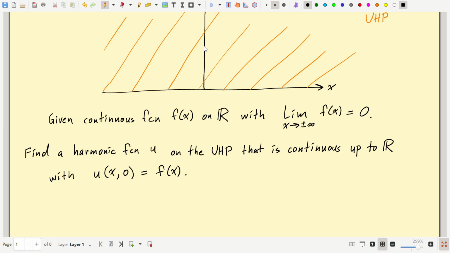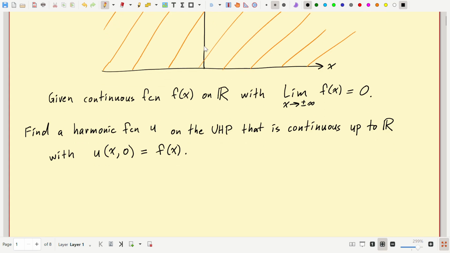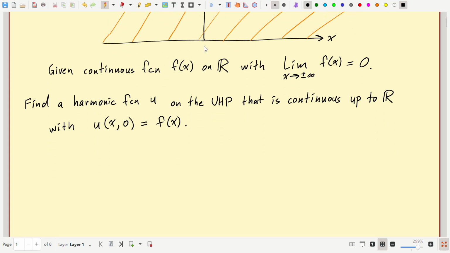The problem is to find a harmonic function on the upper half plane that's continuous up to the real line and has that f of x as its values on the boundary along the real line. Okay, and so the solution to this problem, or at least how I'm going to find a formula for the solution.